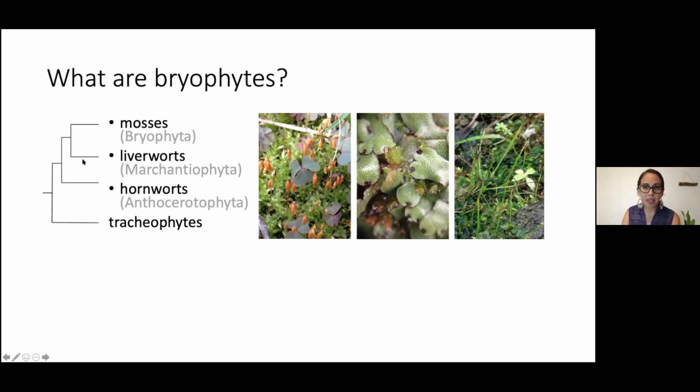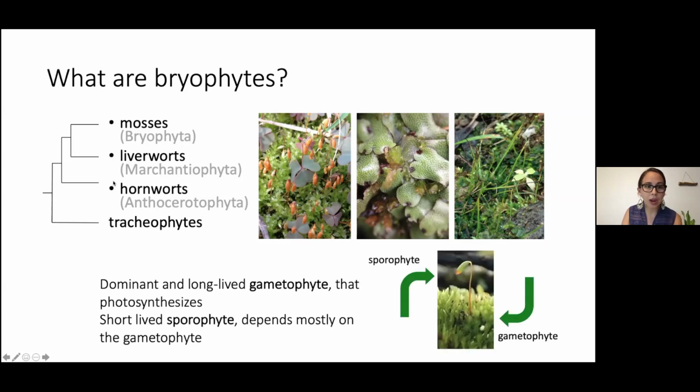And what makes them different from the Tracheophytes is that the plant that you actually see, let me get my laser pointer here. Okay, so the green part that you see usually growing near the surface, that is called a gametophyte, and that is a plant that lives longer and is the plant that produces the gametes.